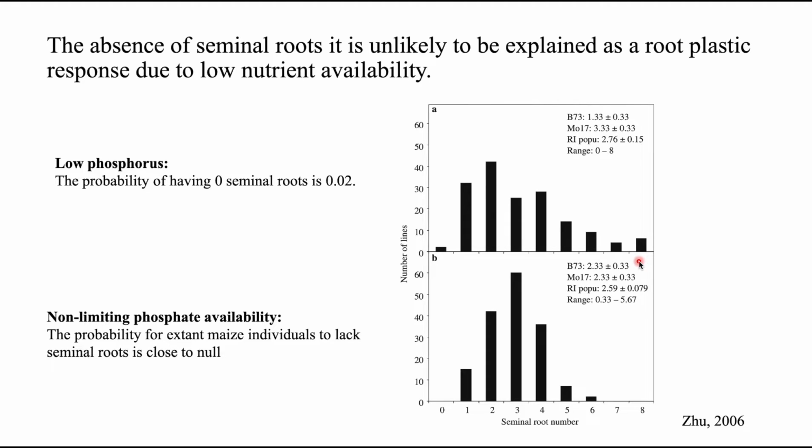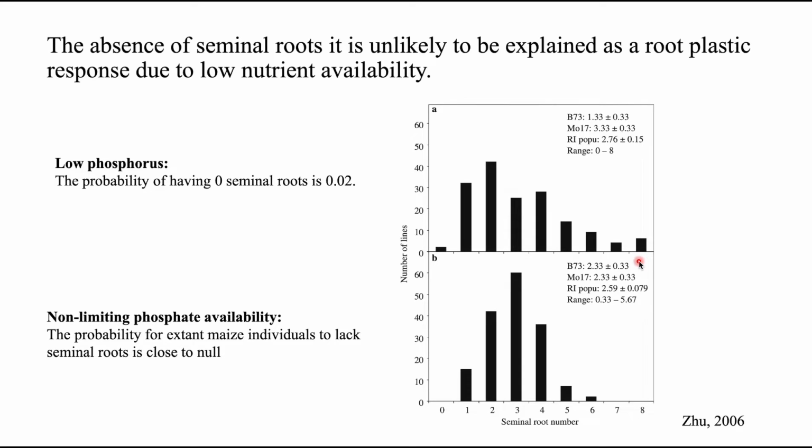And just to explain the possibilities of having this absence of seminal roots, we were thinking this could be a result of phenotypic plasticity. For example, Su in 2006 developed a work in which he analyzed populations resulting from a cross of B73 and MO17. He tested these populations under low phosphorus and high phosphorus conditions.